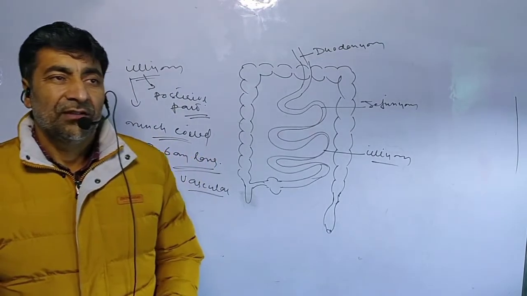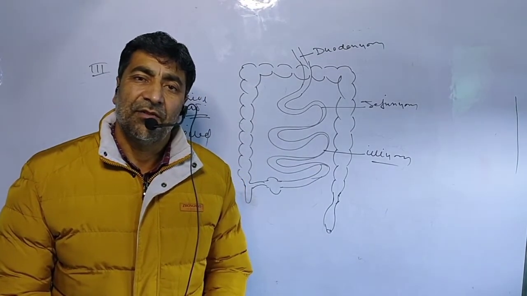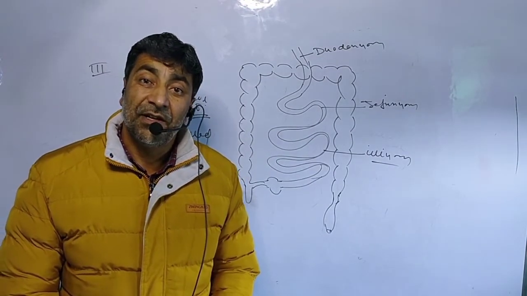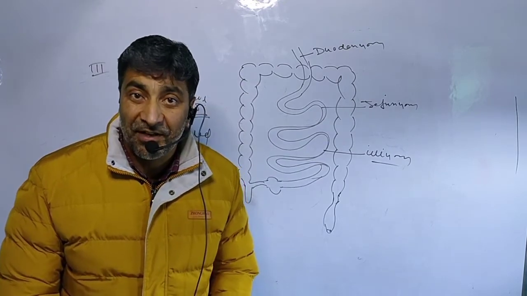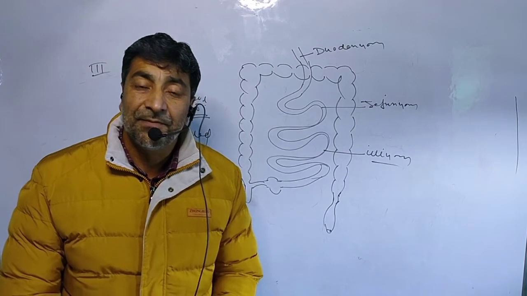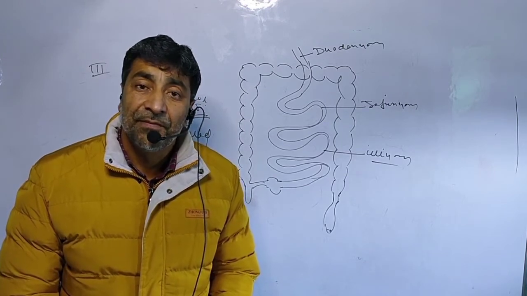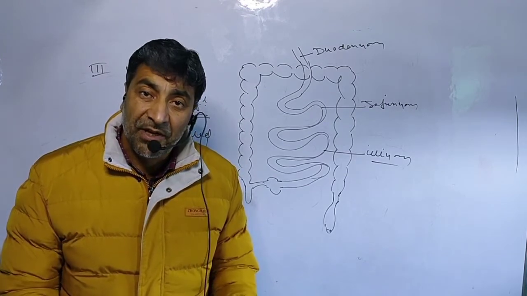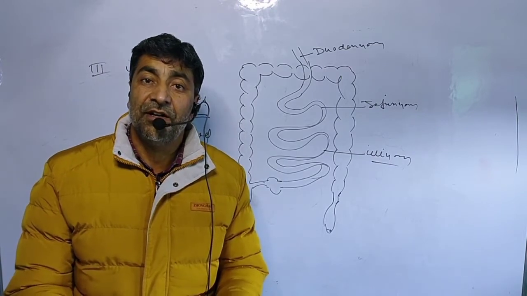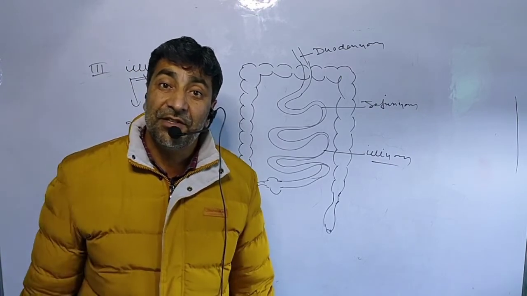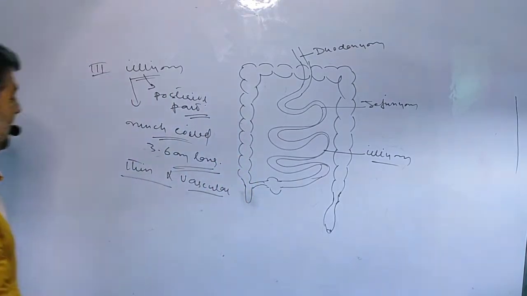Now, the important finger-like projections present on the wall of small intestine, particularly ileum and jejunum, you might have heard, they are called villi.